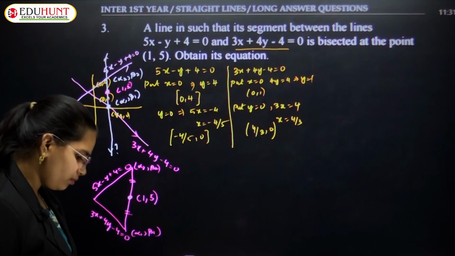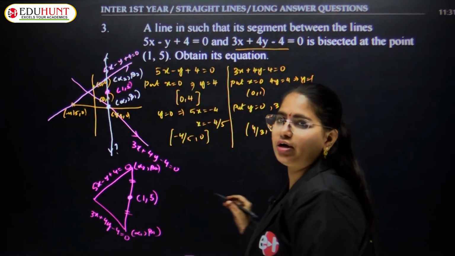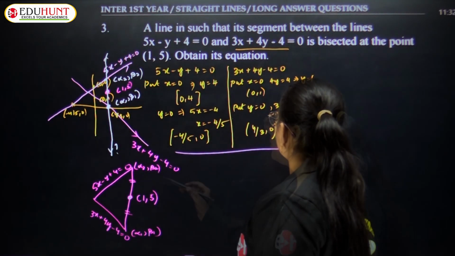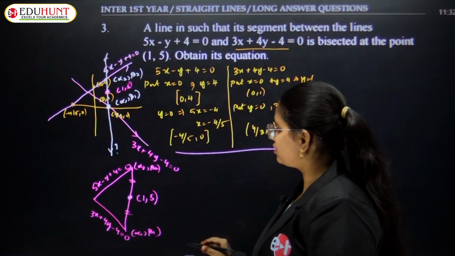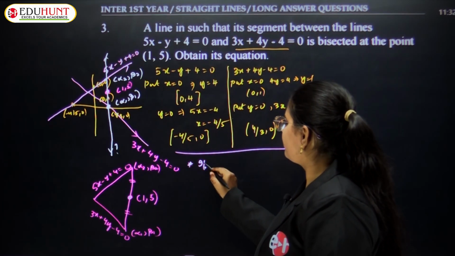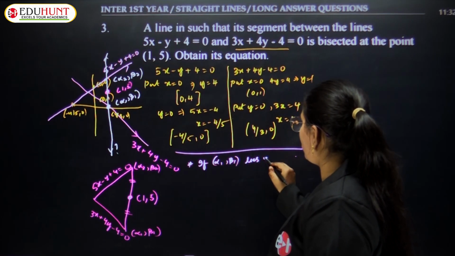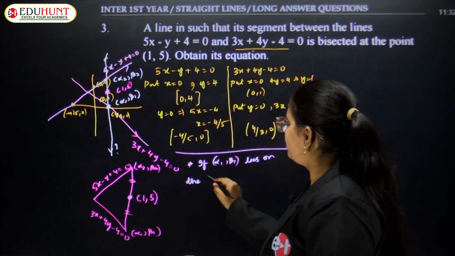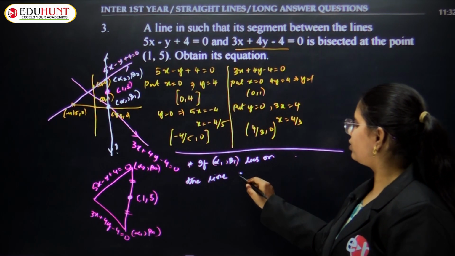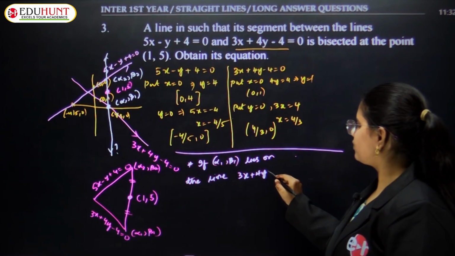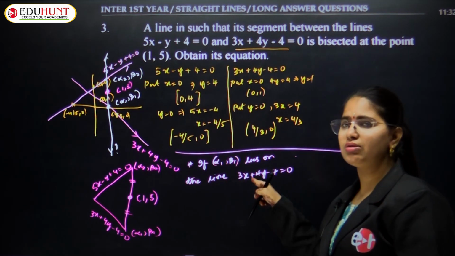Now we have written down what is given. So let us try to solve the problem. Please observe. Let us start. If the first point (alpha 1, beta 1) lies on the line 3x plus 4y minus 4 equal to 0, that means this (alpha 1, beta 1) is a solution of this line.